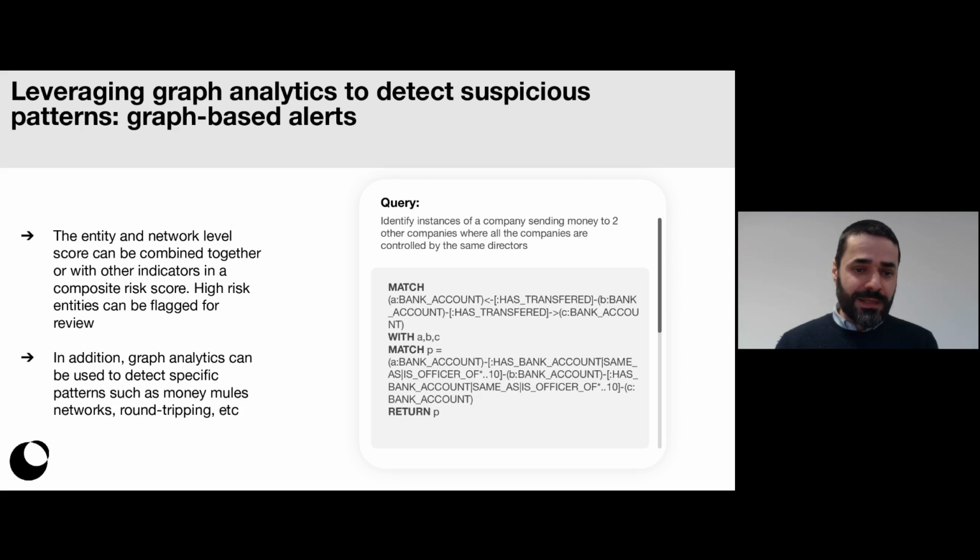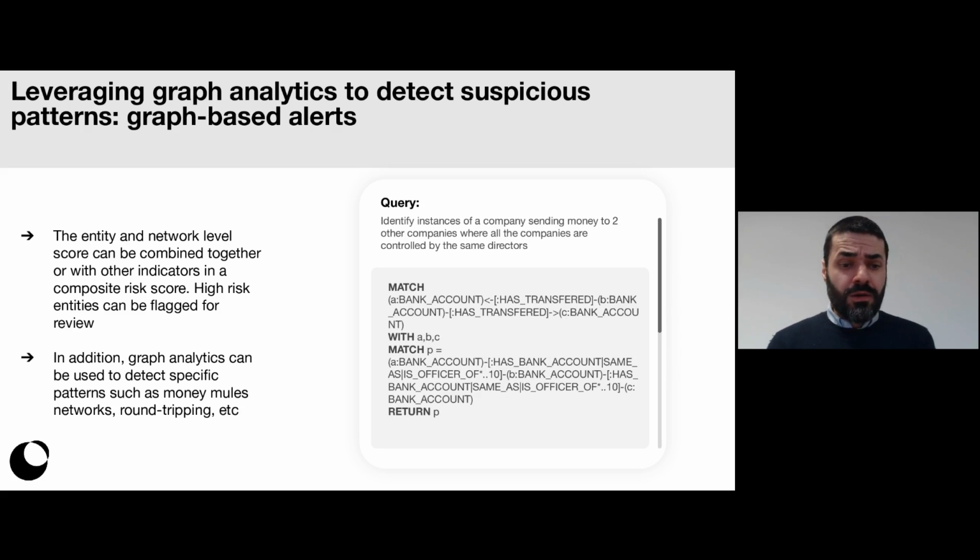And very simply, entities with a high risk score can be flagged for review. And that's one very easy and simple way to add graph analytics to your existing processes, just by using that as an input for an existing risk score.